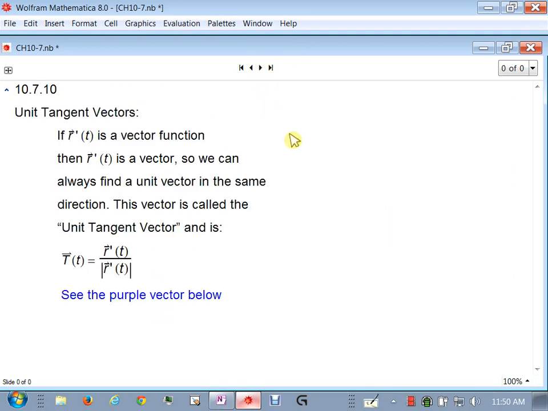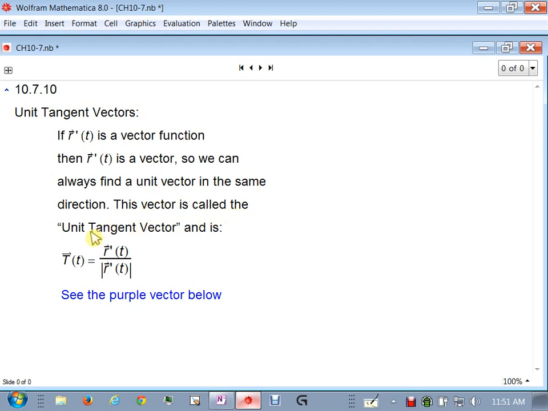Unit tangent vectors. So if r prime of t is a vector function, then r prime of t is a vector. So if someone gives you a non-zero vector, you can always find a vector in the same direction that is unit. What does it mean to be unit? What's a unit vector? The length is 1, right?